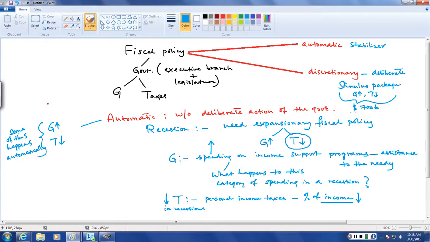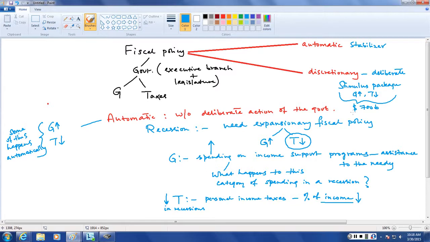So in our last Great Recession, the government tried to shift the AD curve rightwards by providing a fiscal stimulus to the economy worth about $700 billion. Right?